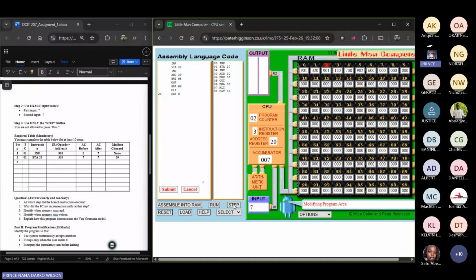Okay. So if we step it a third time, let's see what happens. Sorry, the program is not responding to my step, so let me reset it and start over again. So I step. That was the first step we did. We have already written it, so let me just redo it. We enter our inputs.